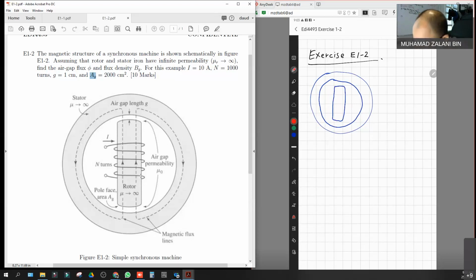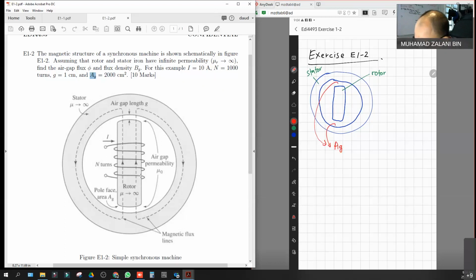Okay, let me write, this is stator and this is rotor. Okay, and it has the air gap, AG, the same as the other one. It's also AG.